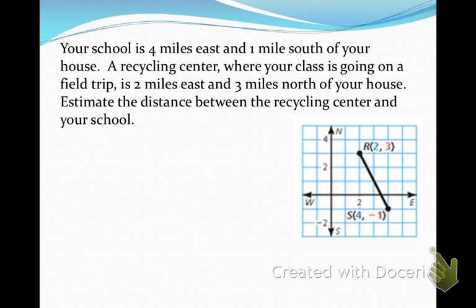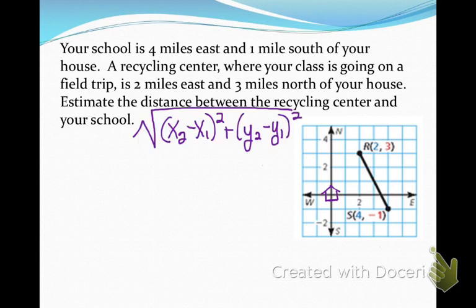Well, I put this on a coordinate plane so you can kind of think it through. And if you think of the origin as your house, and these 2 places as points on a coordinate plane, you could actually use your distance formula, because you could make a right triangle between those 2 points.